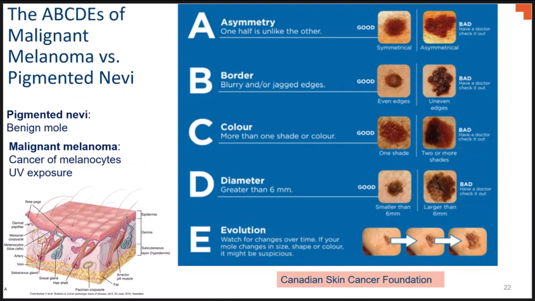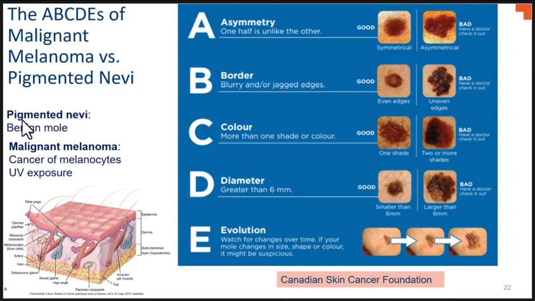So let's have a look at the difference between a mole that is normal, just a pigmented nevus, a benign mole, or is it a malignant melanoma? And a malignant melanoma is the worst form of skin cancer. With this type of cancer, it can spread to other areas of the body.